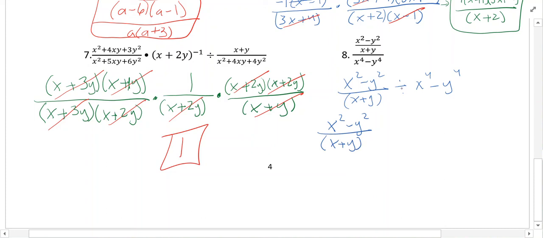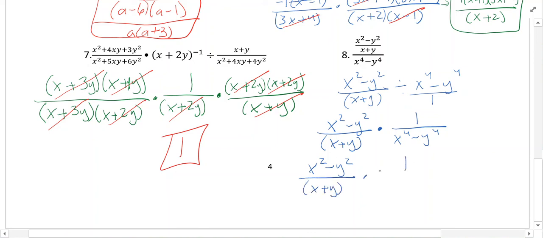Then remember, I want this division to turn into multiplication. So I'm going to say times, and remember, we take the reciprocal. There's a 1 underneath here, so this becomes 1 over x to the 4th minus y to the 4th. All right, so now I need to simplify x to the 4th minus y to the 4th. This is a difference of squares. So what I'm going to do is just rewrite this first term, x squared minus y squared over x plus y.